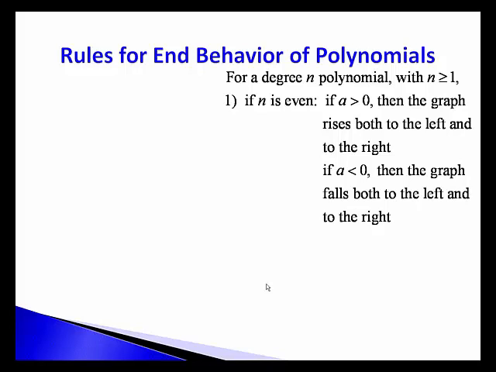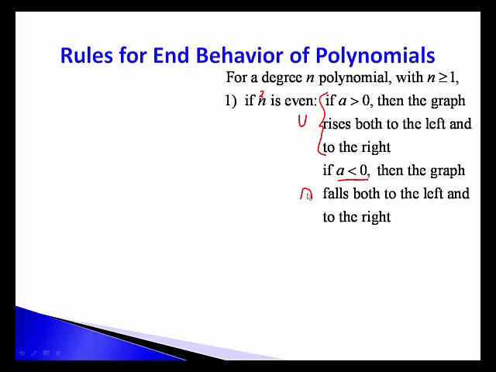Now, I know you're going to think, how in the world am I going to remember all of this? Well, tell me what you already know about a parabola. It's a degree 2, and if a is positive, it opens up. Well, it's rising to the left and it's rising to the right. That's your way of remembering this piece right here. The other thing you know about the parabola is that if a is less than 0, it opens down.